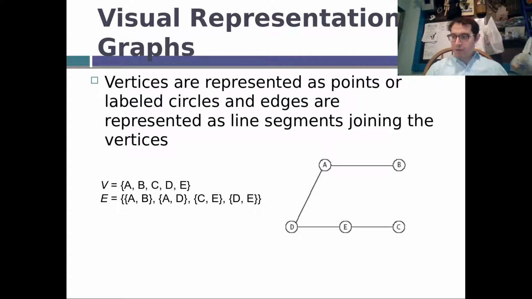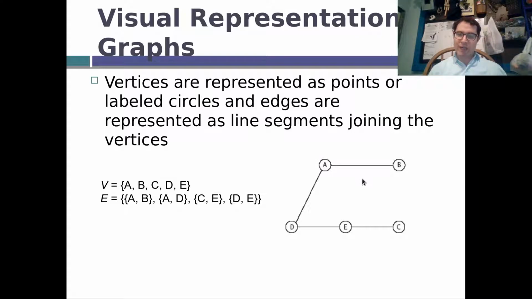Typically we represent these not in a mathematical format, but in a visual format. If you see a graph, you'll see it like this, with a line drawn between two nodes to represent whether or not there's a relationship, an edge. So A and B are two vertices or nodes.